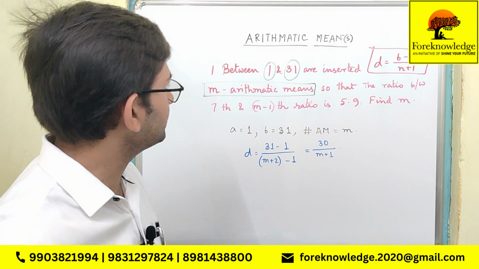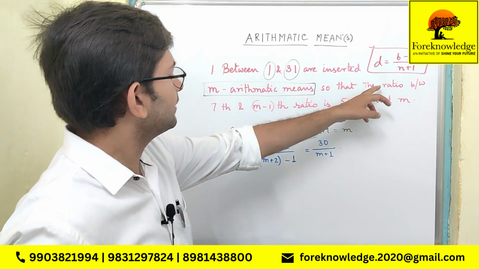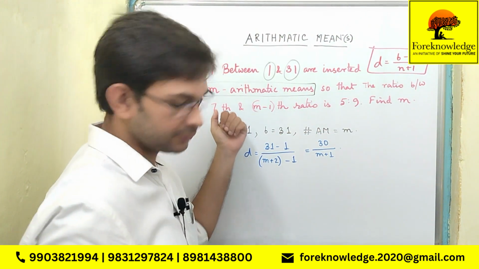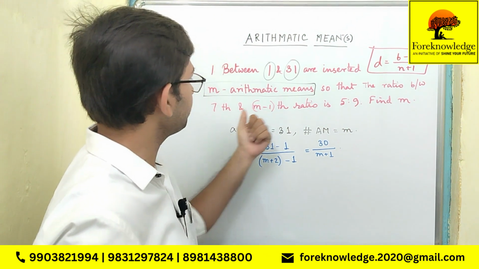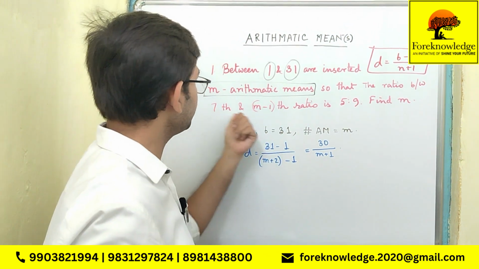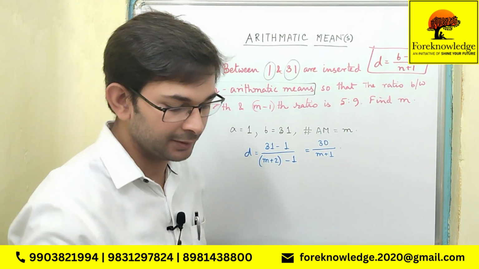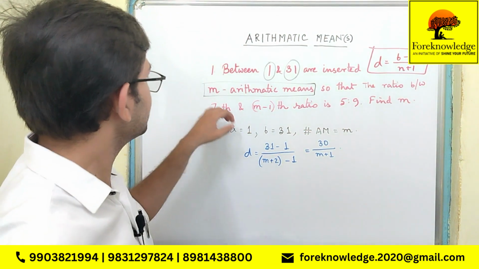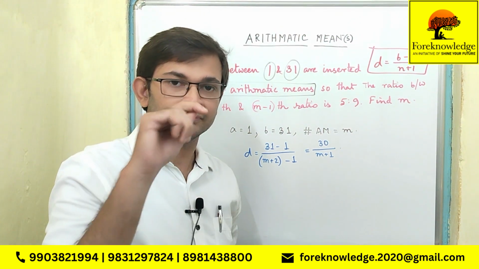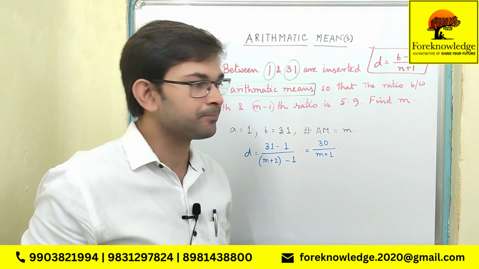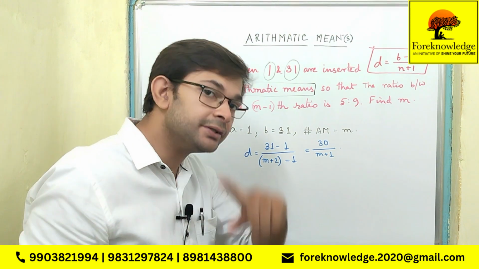Now the problem is the ratio between the 7th arithmetic mean and the m minus 1th arithmetic mean is given as 5:9. So what is the 7th arithmetic mean? The 7th arithmetic mean means that is the 8th term in the AP.